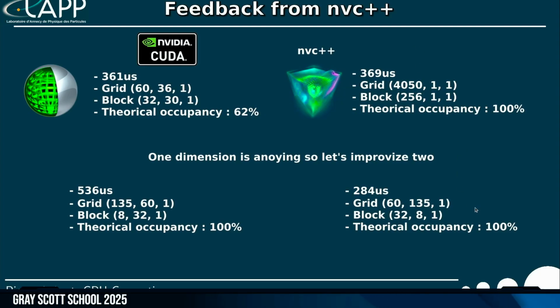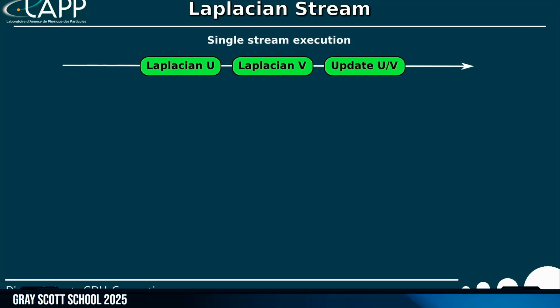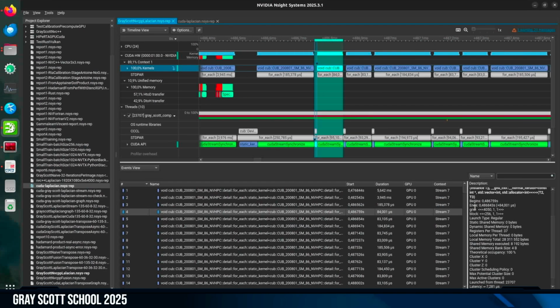And maybe now we can do some streams. I'm not sure we'll have time for that, but you can play a bit with the streams. So the classical single execution stream is this one. So 1 stream, the default stream. The stream 7 normally, where is it?